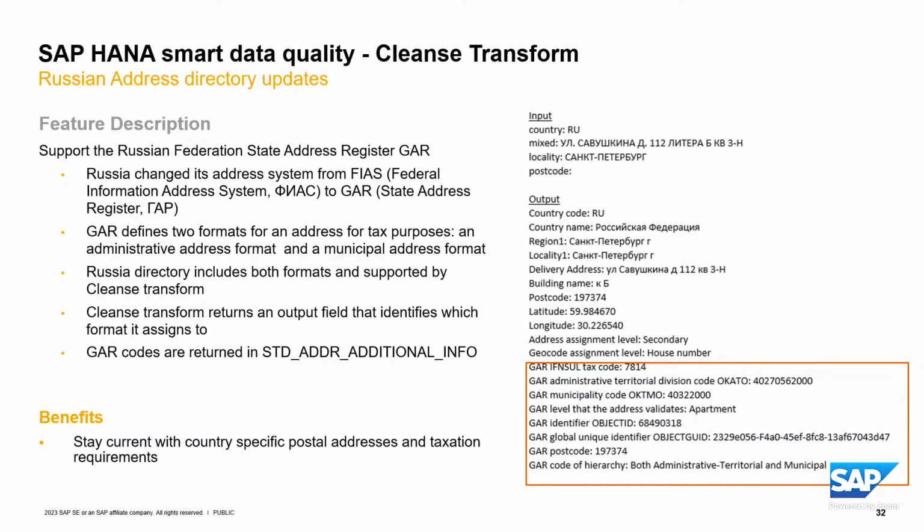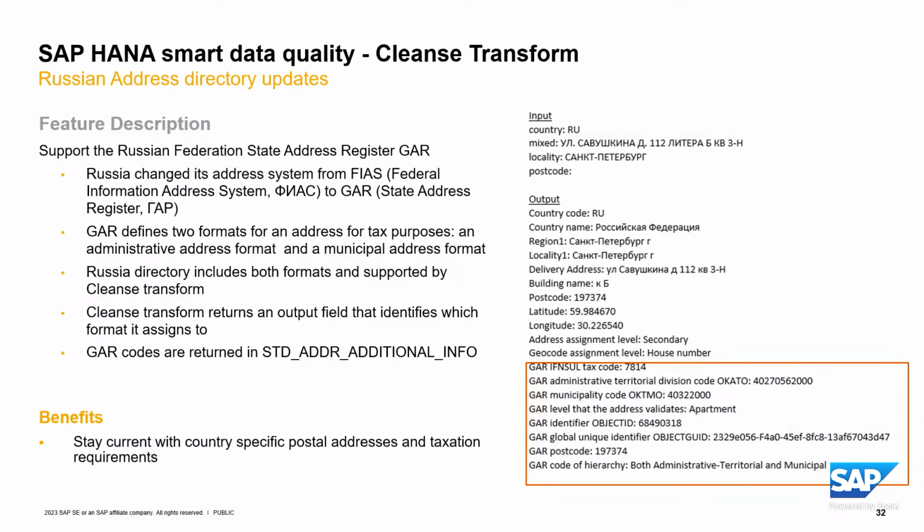What you see here is just an input for the Russian address. Whatever you see on the screen is for the library level. It returns multiple address formats for GAR.